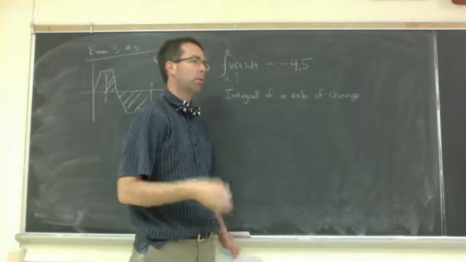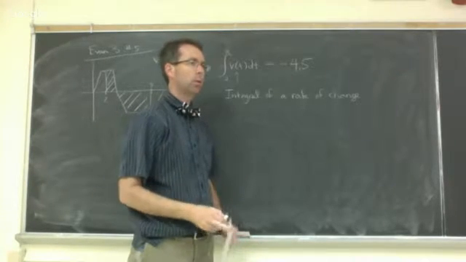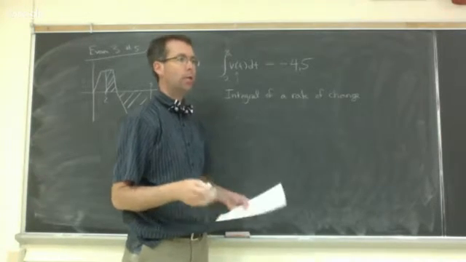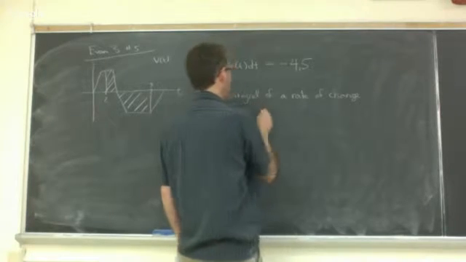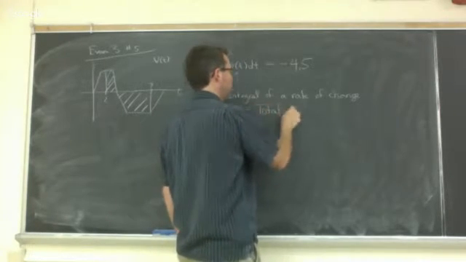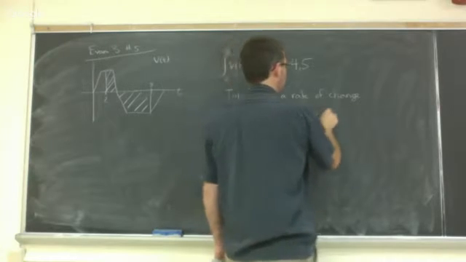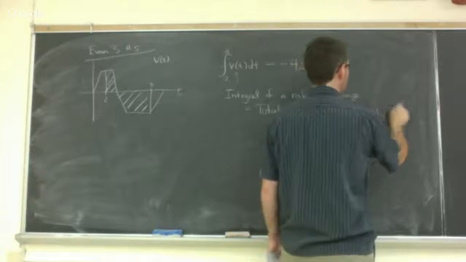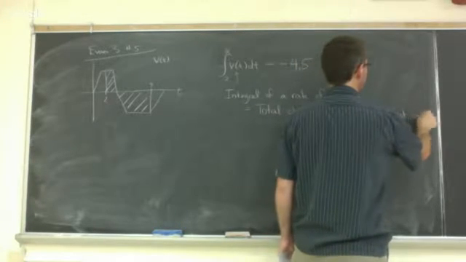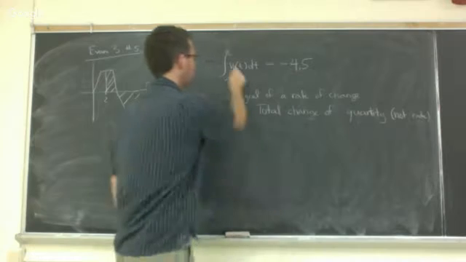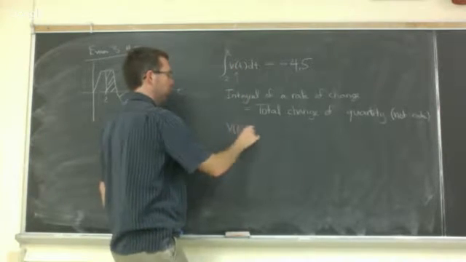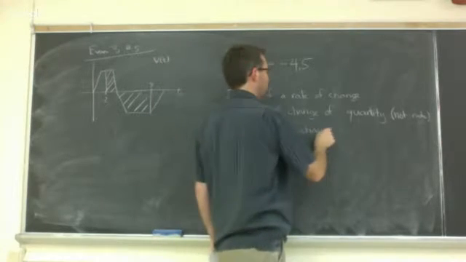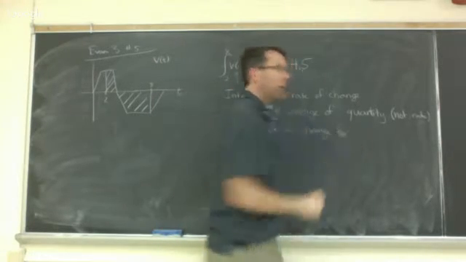That's a geometric interpretation. We've got to get the physical interpretation also. It's the total change. So this is always equal to the total change of the quantity, not the rate. Okay, so velocity is the rate of change for what kind of measurement?